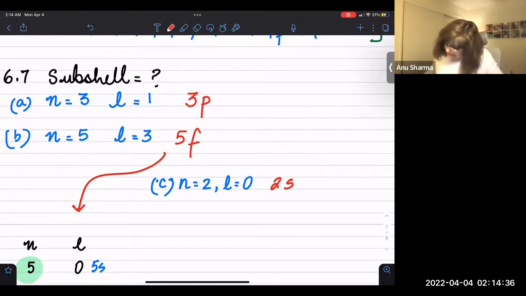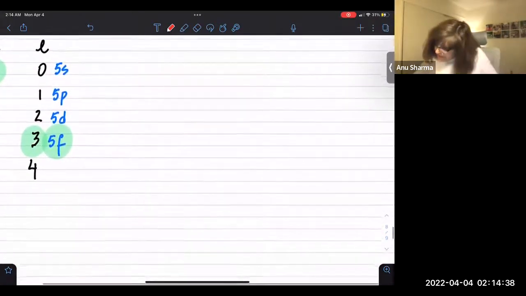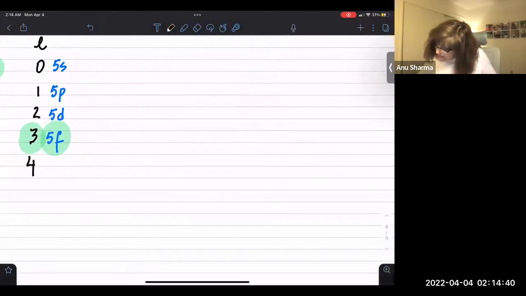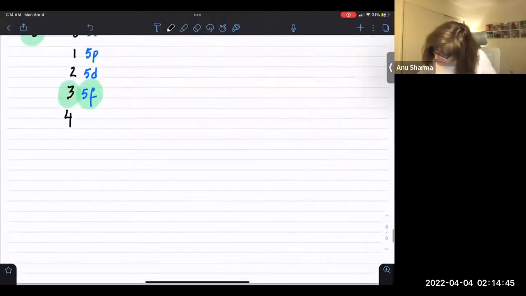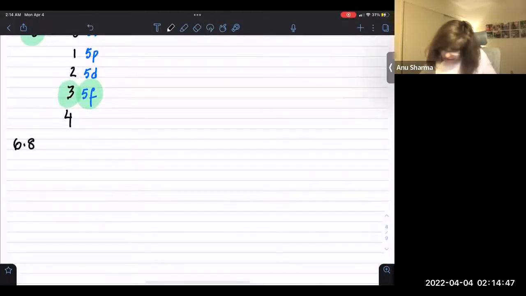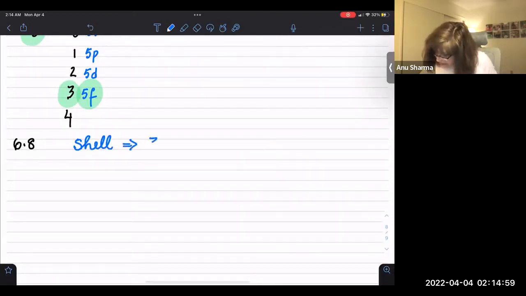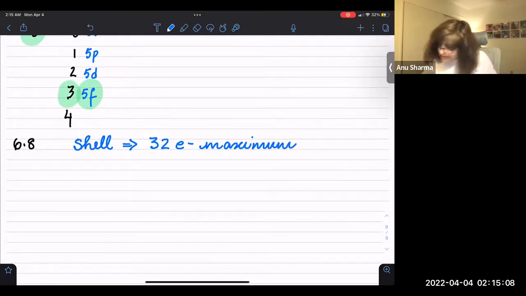The question is 6.8. Now the question is, if a shell contains a maximum of 32 electrons, then what is the principal quantum number?